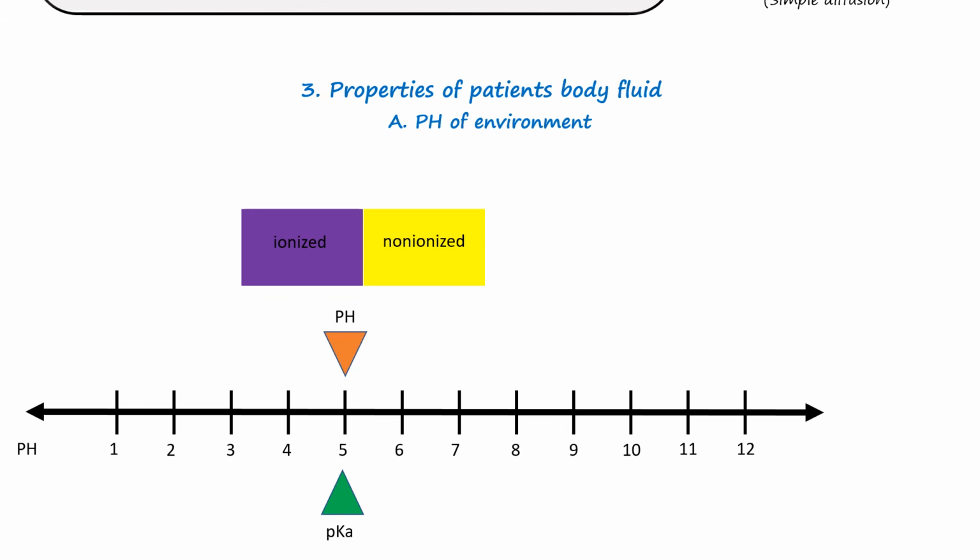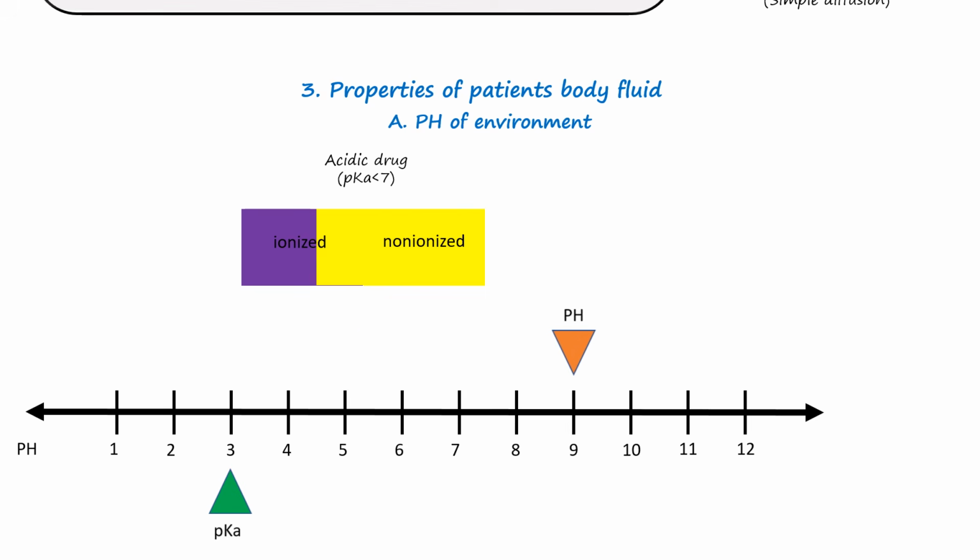For acidic drugs, the pKa is typically below 7. This means that in acidic environment, when the pH is less than 7, the drug will mostly exist in its non-ionized form, while in more basic or alkaline environment, the drug will become more ionized.